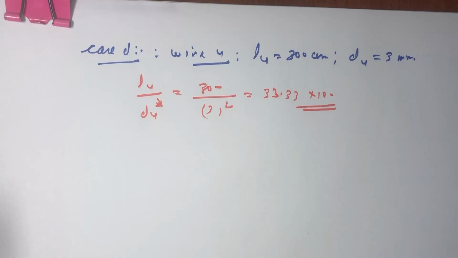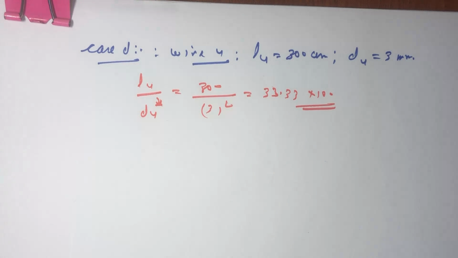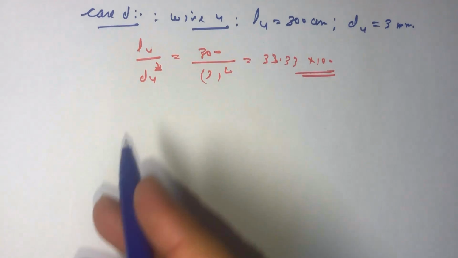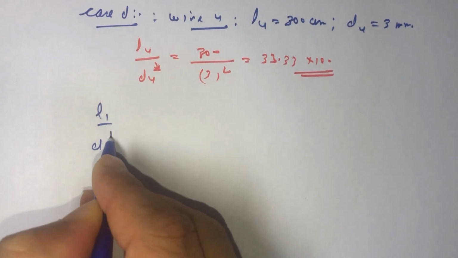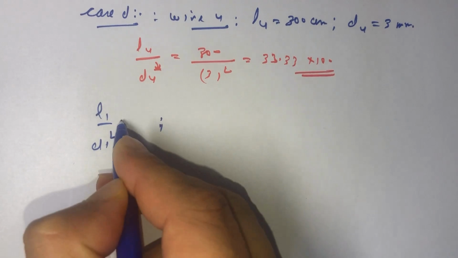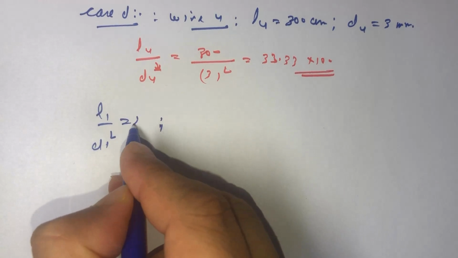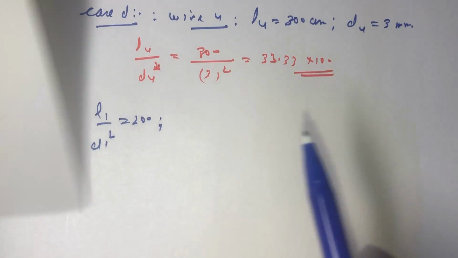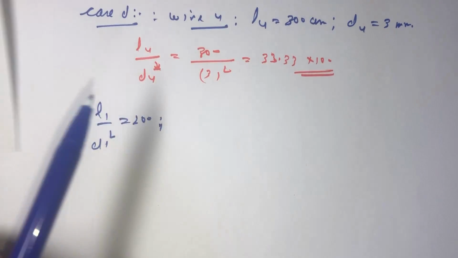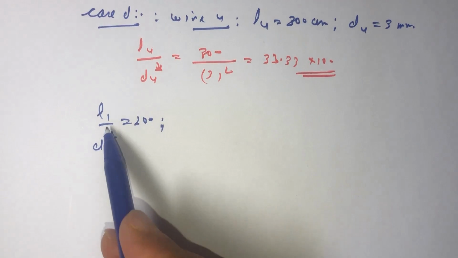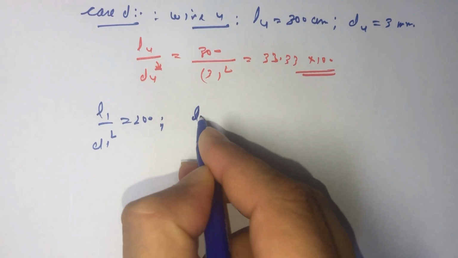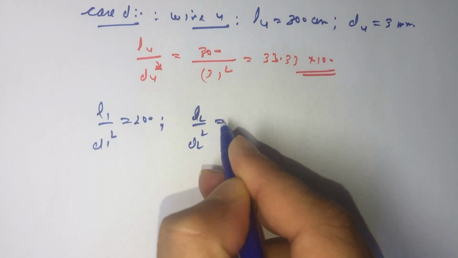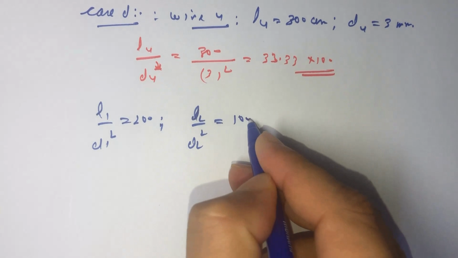So if you make a comparison, let me write all these values here. So first value which we got is L1 D1 square, which is 200. I'm not writing the 100 factor because that will be common to everybody. Then we have L2 D2 square, that is 100.